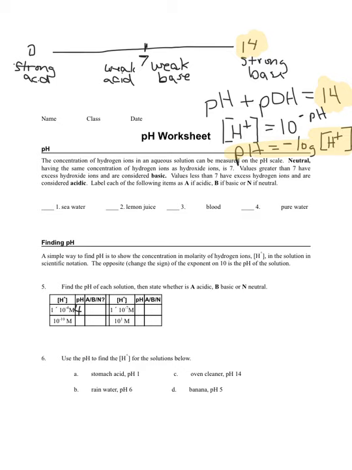And if we looked at 4 on the pH scale over here, 4 would be between 0 and 7. And so then we would say that this is classified as an acid. Easy, right? That's not bad.